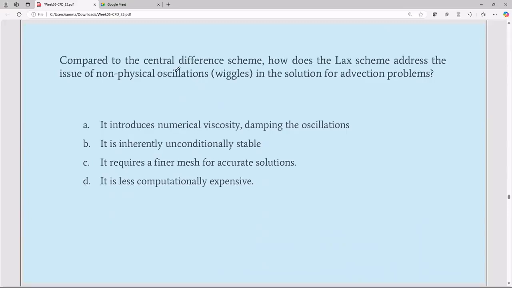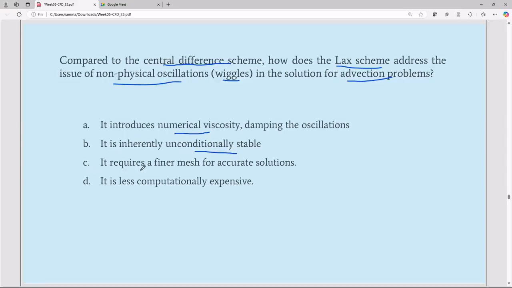Compared to the central difference scheme, how does the Lax scheme address the issue of non-physical oscillations, that is wiggles, in the solution for advection problems? Options are: option A, it introduces numerical viscosity, damping the oscillations. Option B, it is inherently unconditionally stable.